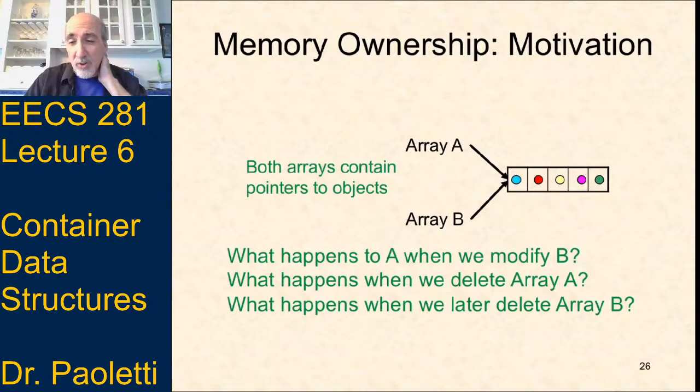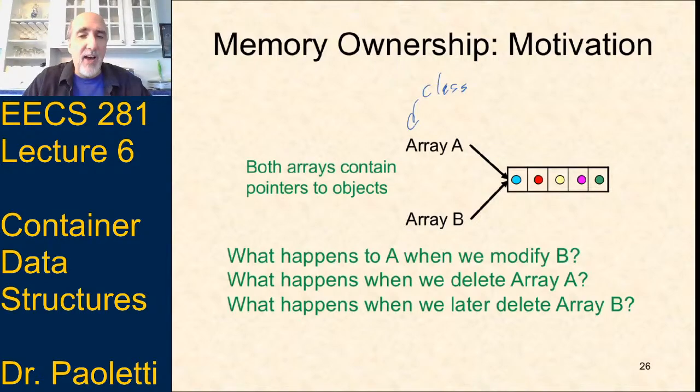Okay, memory ownership. This is a little bit of 280 review. Why don't we want to have two objects? Array is the class that we're going to write. If I make a class called array, I don't want two objects of my class pointing to the same block of dynamic memory.